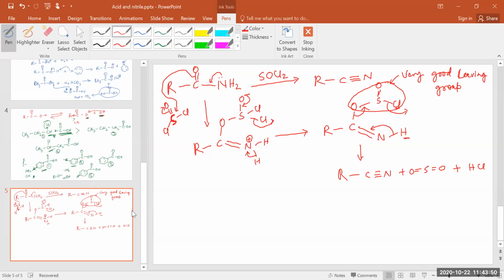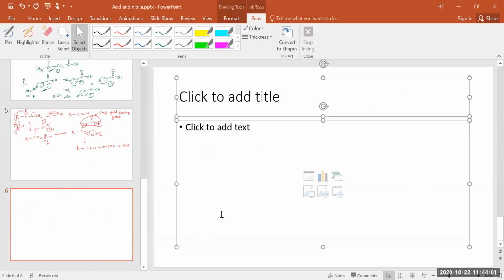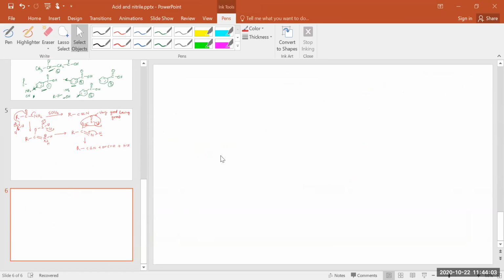Okay. So these are the methods of synthesizing the nitriles and carboxylic acids. Now let's talk about the reactions. So far we have discussed the carboxylic acid reactions.